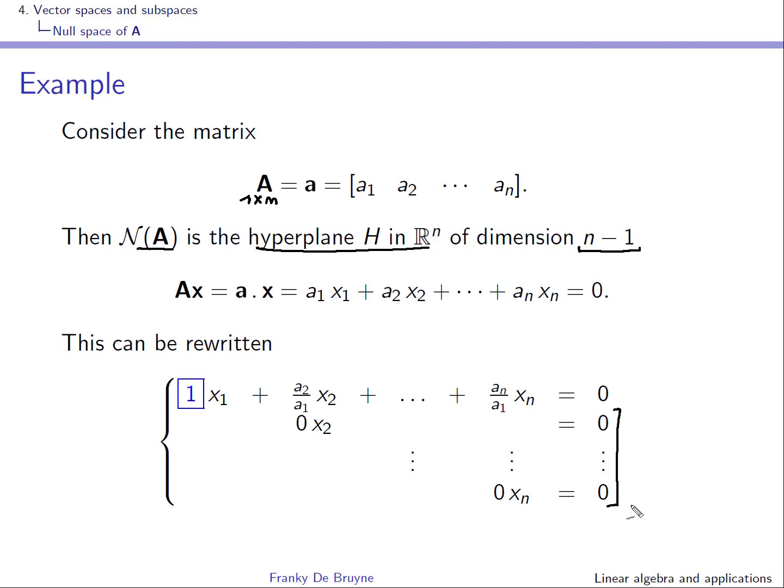And here you see that there are n-1 free variables, okay? So if there are n-1 free variables, we'll find n-1 special solutions.